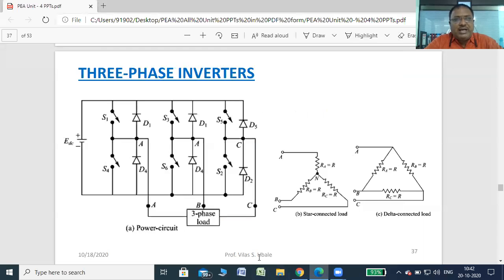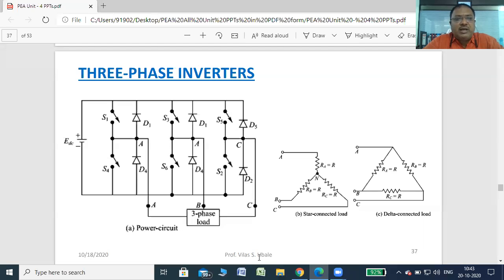As compared to single phase, a three-phase inverter produces a more sine wave-like output voltage. And second, if you want to control three-phase AC drives, then definitely we require a three-phase inverter, which is used for high power applications.